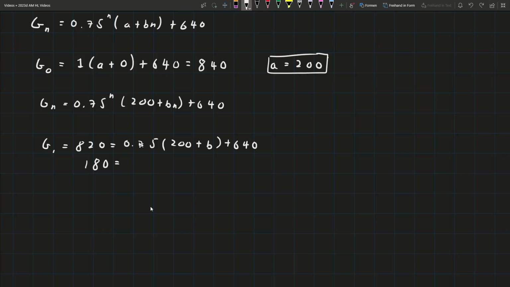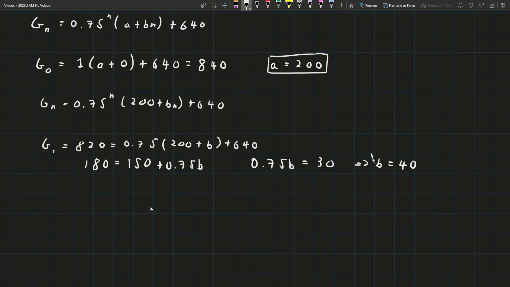I just want to double-check 0.75 times 200 because I don't want to make stupid mistakes, even though I'm pretty sure I can do them in my head. So 150 plus 0.75b. So 0.75b equals, bring the 150 to the other side, 30, and then 30 divided by 0.75 is 40. So we get that b is equal to 40.